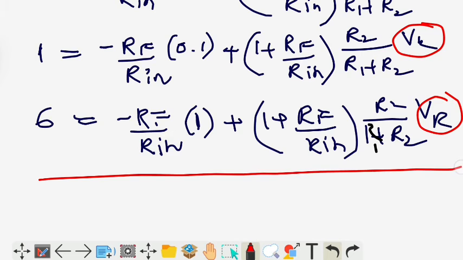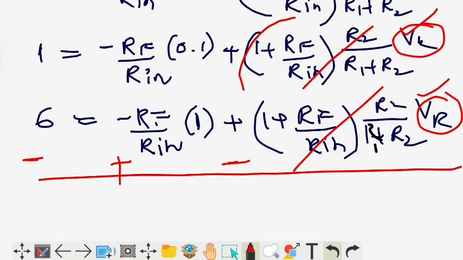When you do the subtraction, since this is constant and these values are also constant, they are not going to change, so this and this cancel.